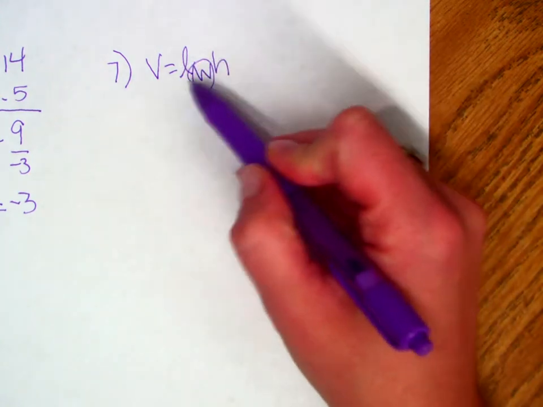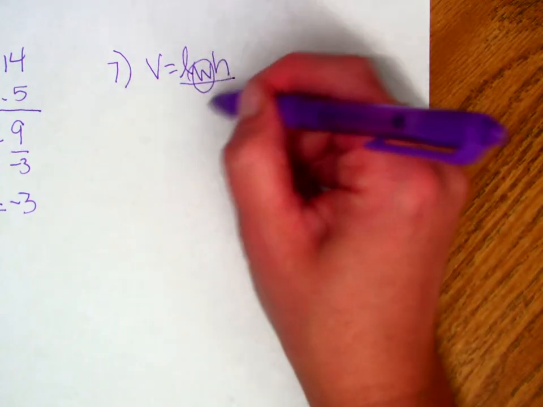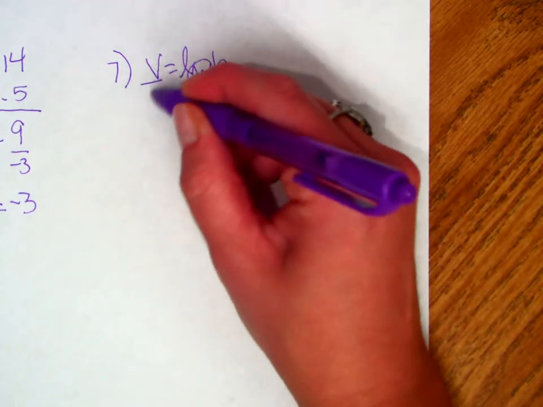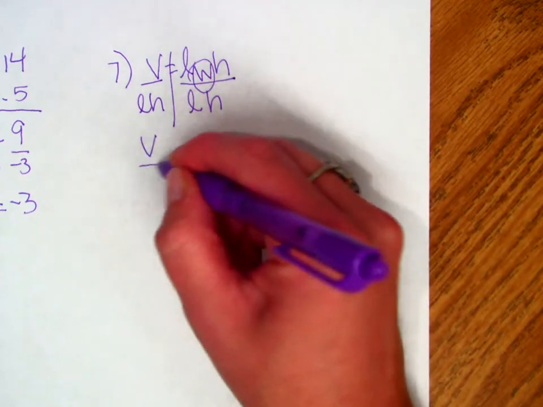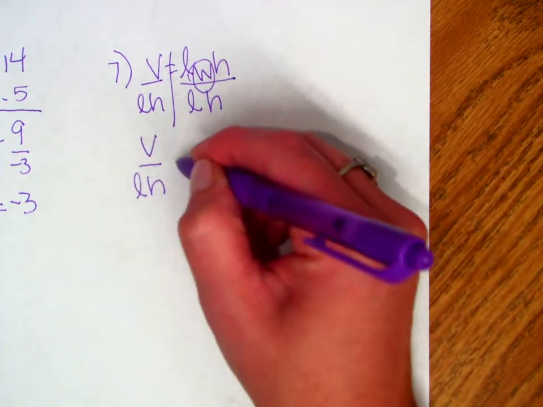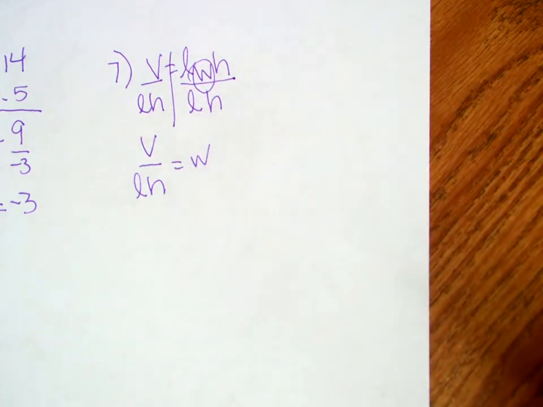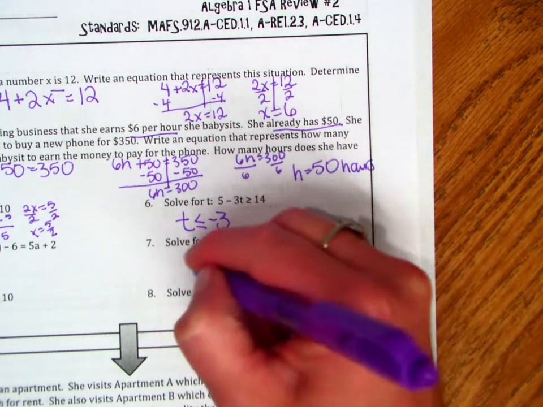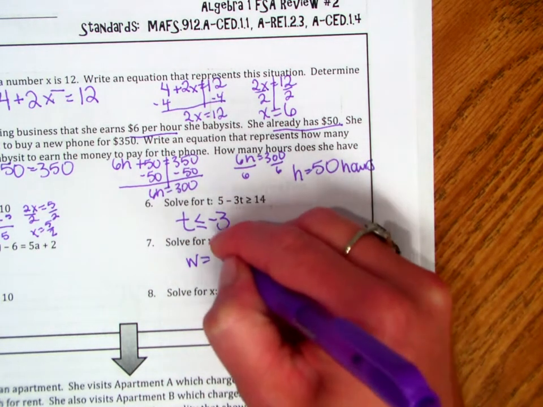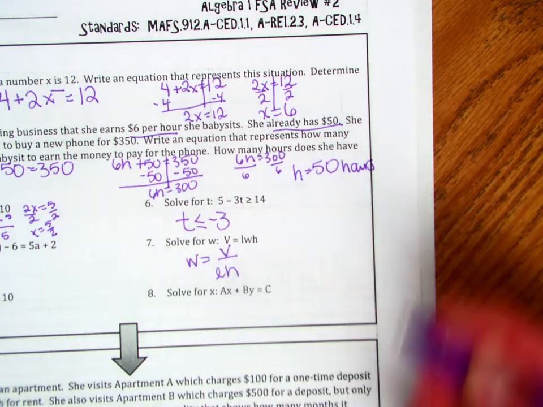Well, the operation being performed here is multiplication. So I can just divide by length and height on both sides. So then I'm left with volume divided by the length times the height is equal to the width. Magic. So I can say width is equal to volume divided by length times height.